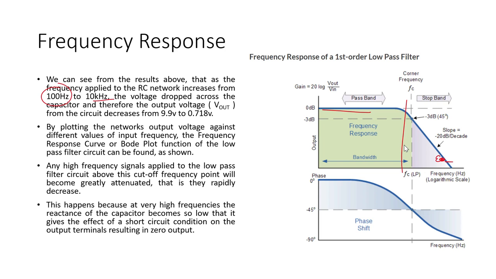By plotting the network's output voltage against different values of input frequency, the frequency response curves or Bode plot can be found, which is shown like this. We can also find the phase of this same filter. What is phase? Phase is the angle observed at the output when the signal goes through the circuit.